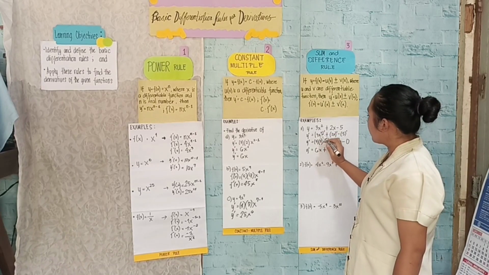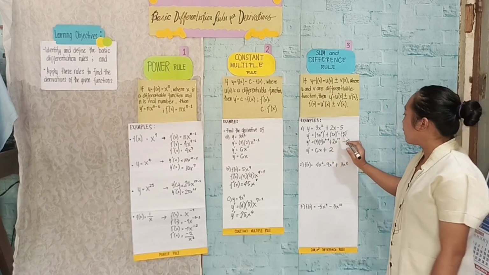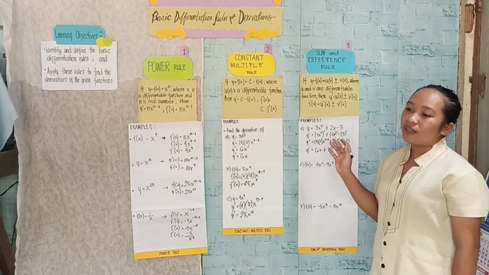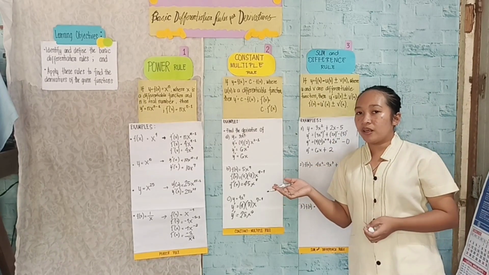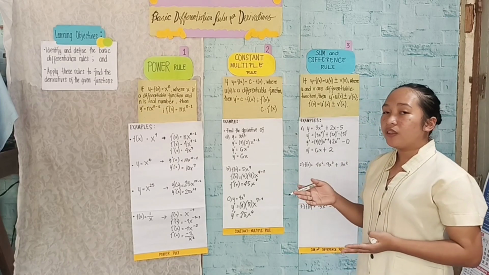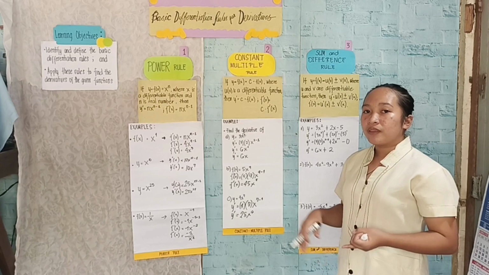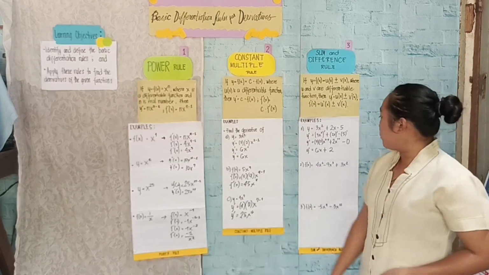So the derivative of 3x squared plus the derivative of 2x minus the derivative of 5. In doing this rule, you need to familiarize yourself with the other rules that we have previously discussed: the constant rule, the identity rule, the power rule, and the constant multiple rule.